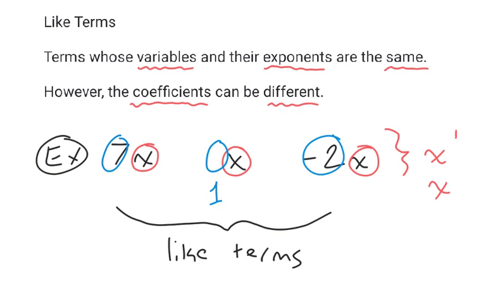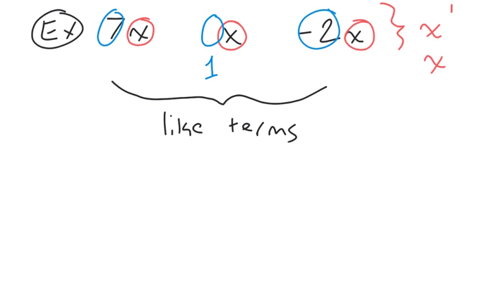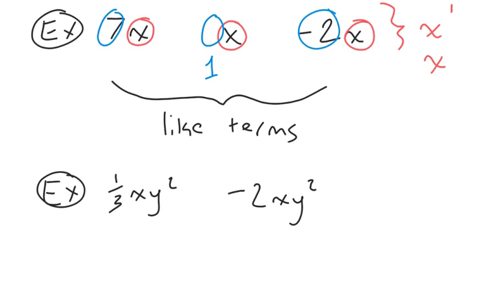Let's do another example. I'm just going to scroll up to make more space for myself. In this example, we're going to have 3 different terms. Our first term is 1 over 3 xy to the power of 2, negative 2xy to the power of 2, and 6xy to the power of 2.